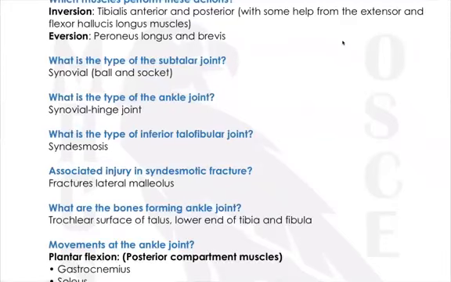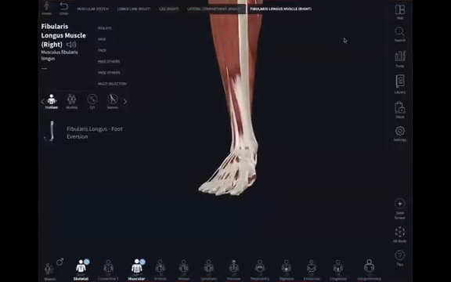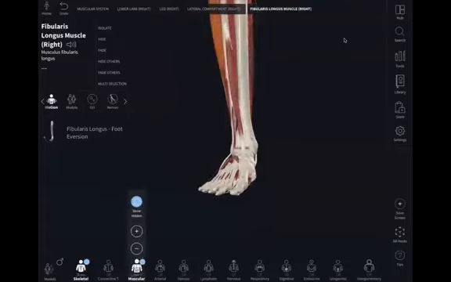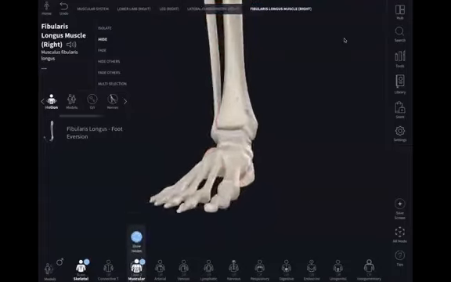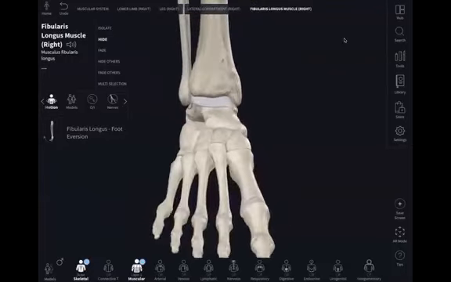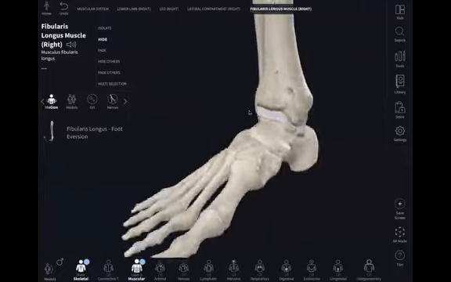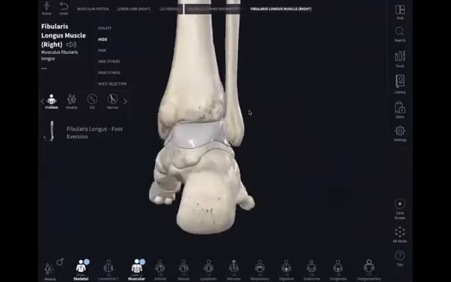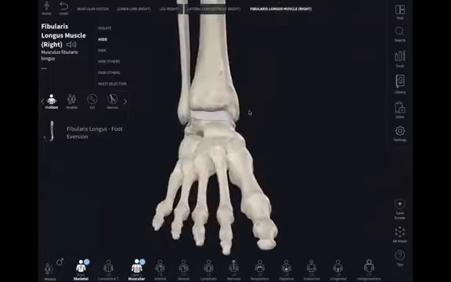Why? Only plantar flexion and dorsiflexion, two types. You can see this is the ankle joint, and it is a hinge type of joint. What are the movements? Dorsiflexion and plantar flexion. This is the posterior aspect and this is the anterior aspect.